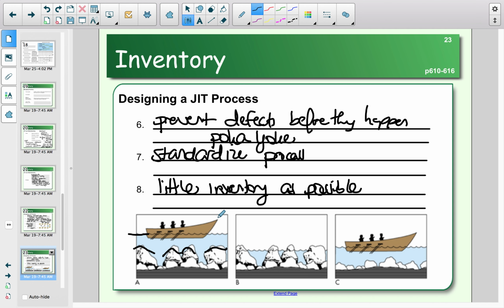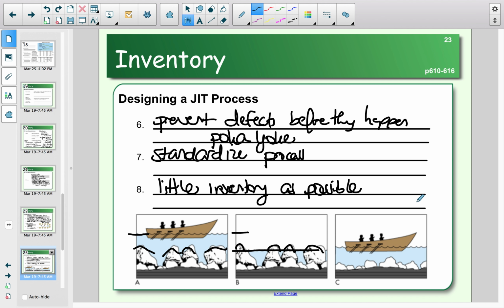Okay, so it's protecting us, the buffer, but it has a cost, storing that material. The loss of value, the money that's tied up in that material not being spent on value added. If we get rid of that excess inventory, then it exposes the inefficiencies and the defects.